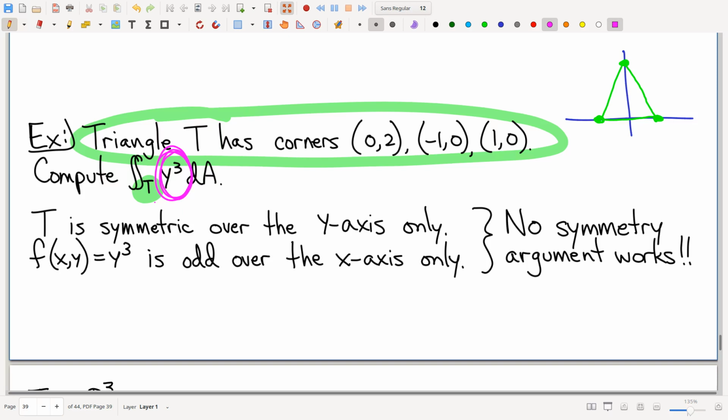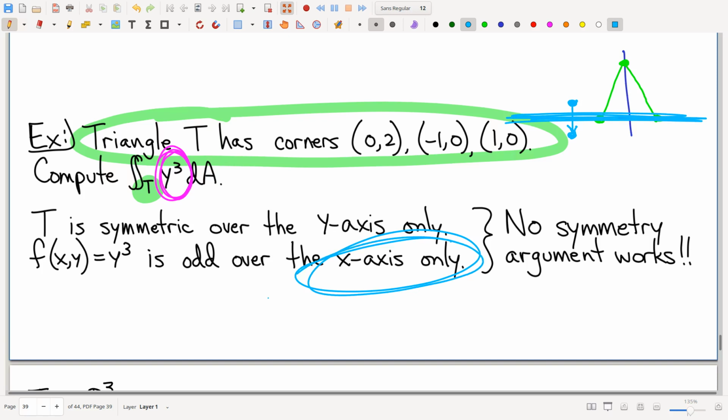Now, the domain is symmetric. You see it right there, but the domain is symmetric only over the y-axis. The integrand is odd, but the integrand is odd only if you're reflecting in such a way that y turns into minus y. In other words, only if you're reflecting over the x-axis.